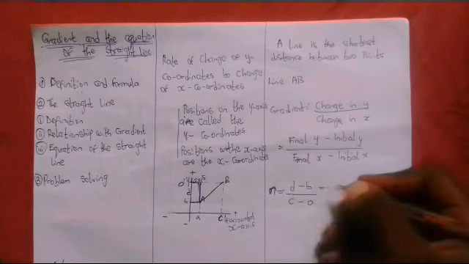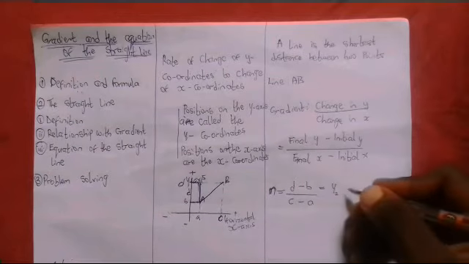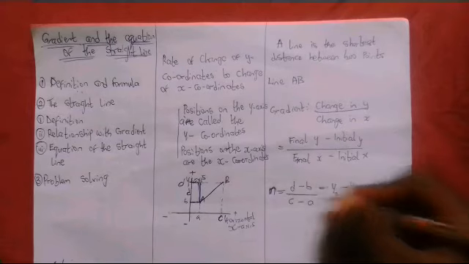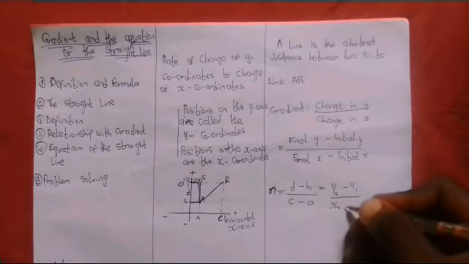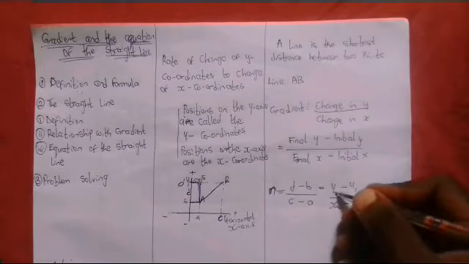We can also represent it like this. Let's call the final y, y2, and the initial y, y1, over the final x, x2, minus the initial x, x1. So this is representing the final points.